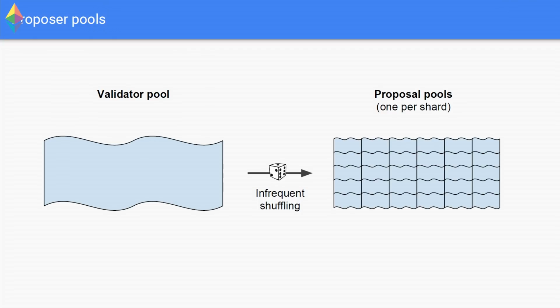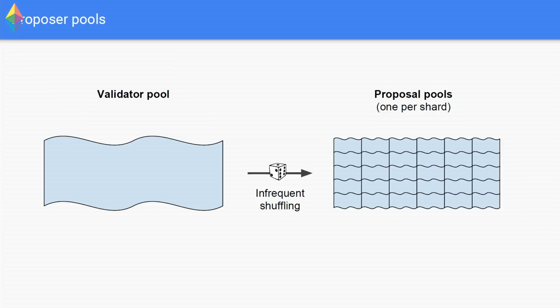Okay, so let's look at the shard growth. How do shards grow? One of the things for healthy shard growth is the idea of proposer. You take the validator pool and then you partition it into much smaller proposal pools, one pool per shard. In order to make good proposals, a validator needs to have access to the state for that shard.